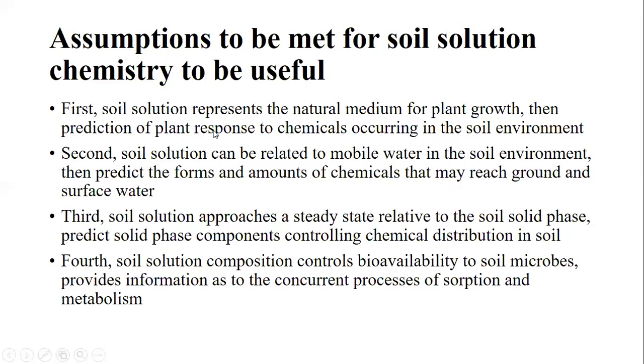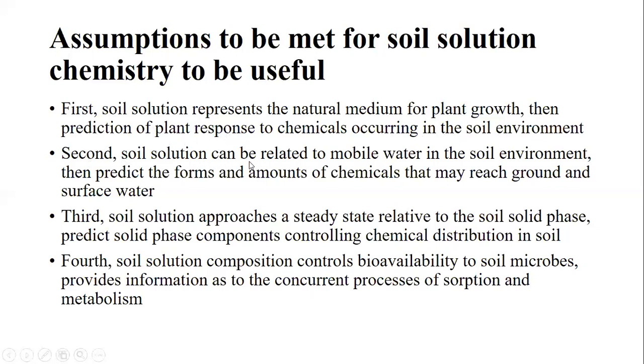So it is the natural medium where plants absorb their nutrients from the soil solution. And then also we can predict how plants respond to the different chemicals which occur in the soil environment. Some of these could be insecticides, pesticides, any other chemicals used by humans, and how the plant responds to that.